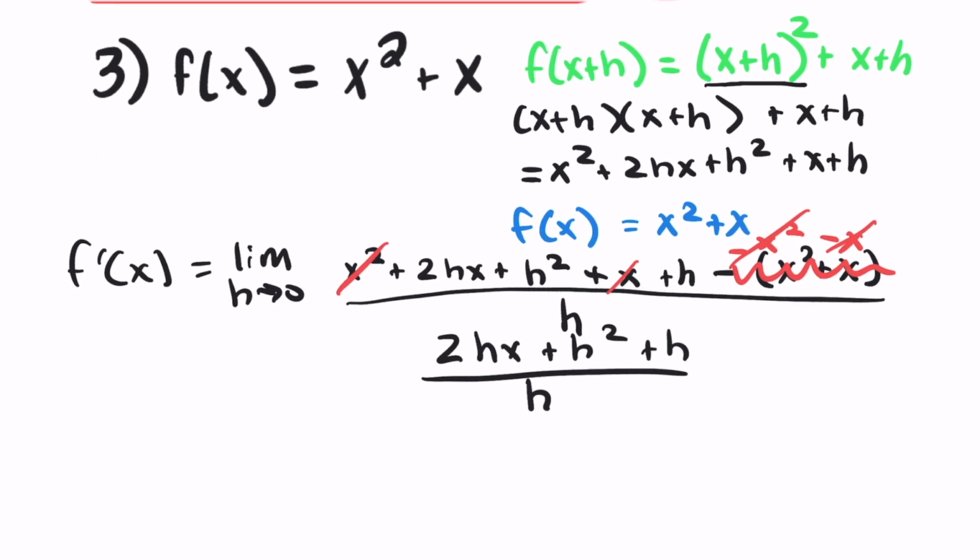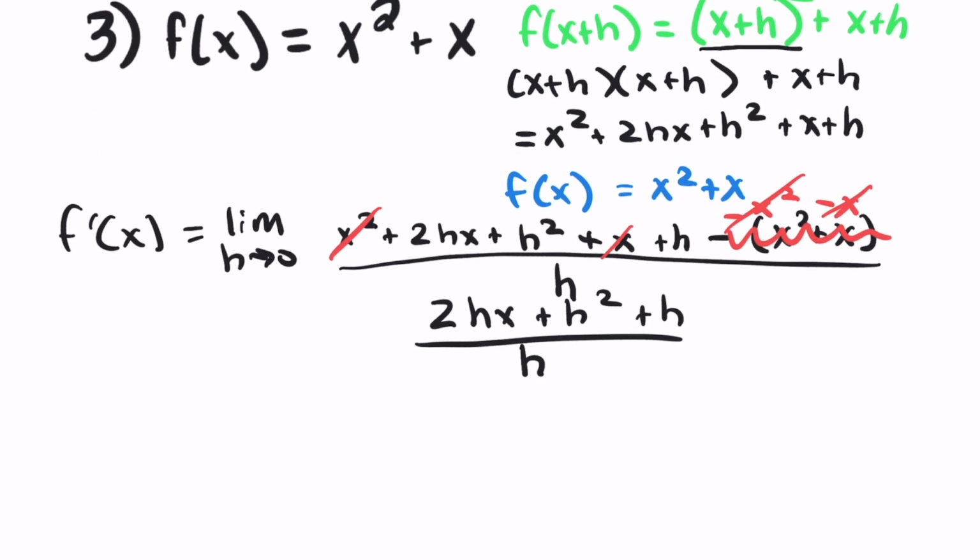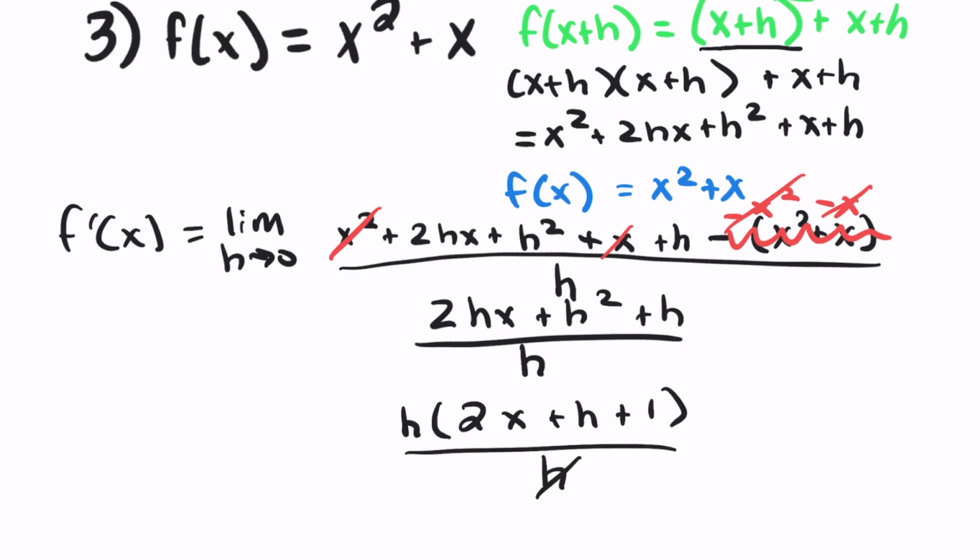So you want to ask yourself, how can we simplify this down further? You'll notice that we can factor out an h on the numerator, which allows us to then cancel out the h's as so. And we want to plug in limit as h approaches 0 to 2x plus h plus 1. That equals 0. And we're left with 2x plus 1 as our answer.